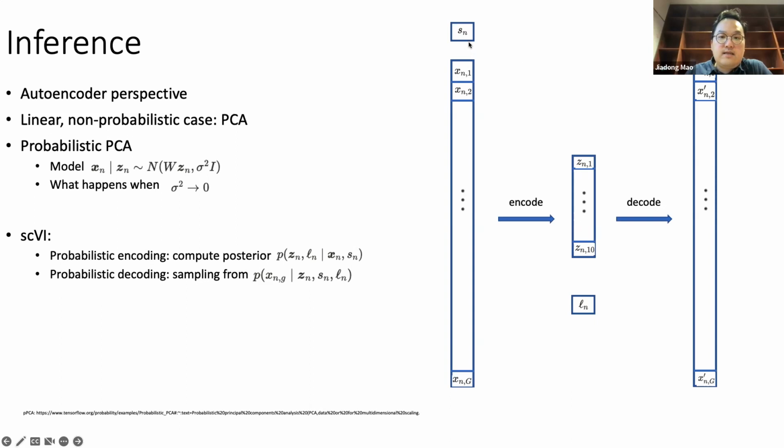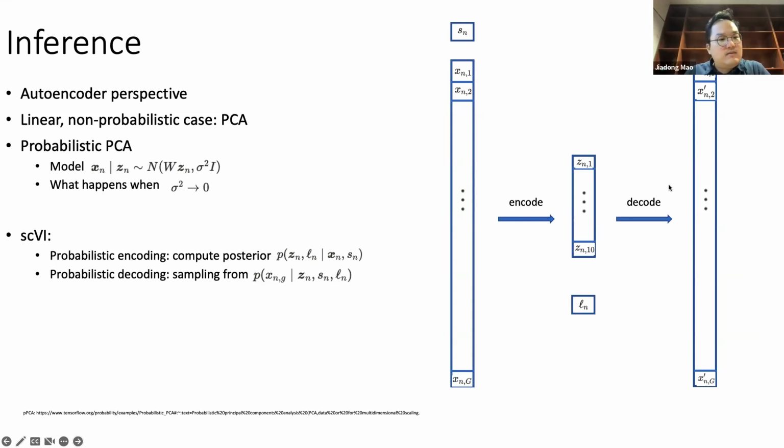In addition to that, we have the batch index of the nth cell, so we know which batch the cell comes from. Then we encode, this is the encoder part. We reduce the dimension of the data from G to 10. For each cell, we obtain a latent vector of dimensionality 10. And then we obtain an estimate of the log library size, L.